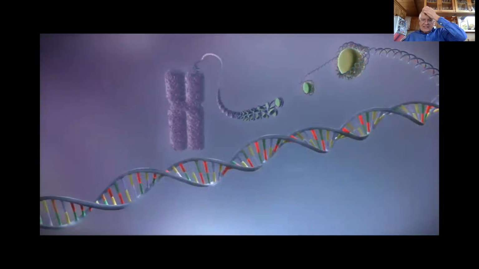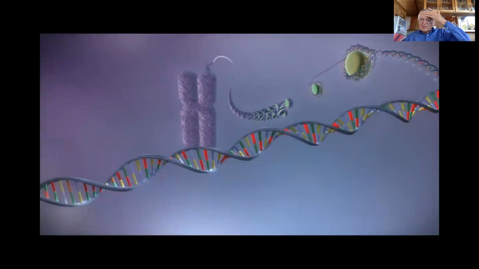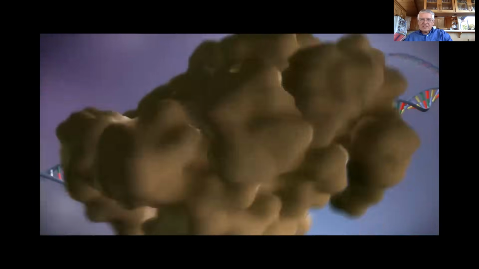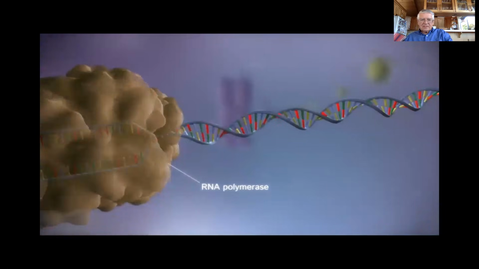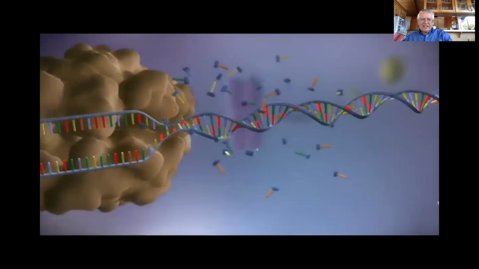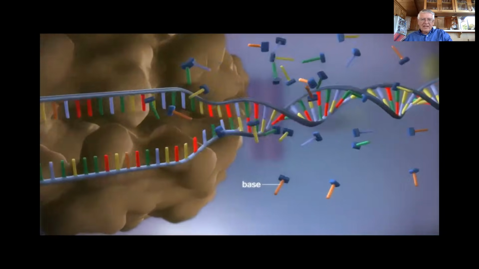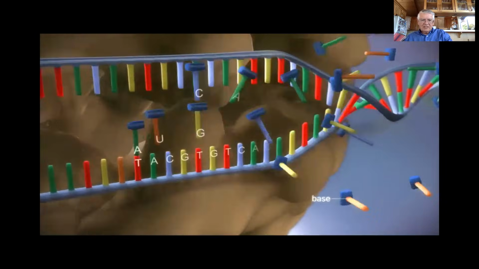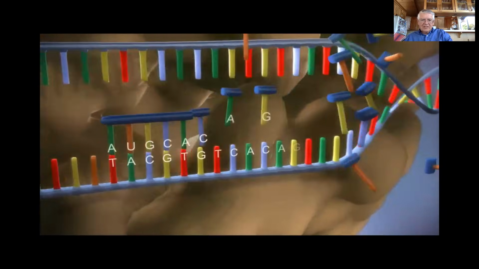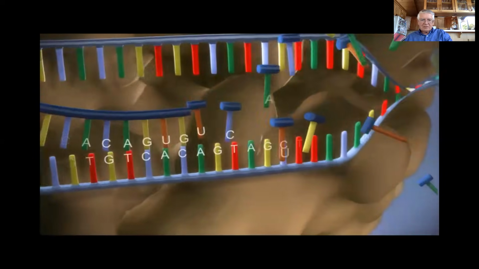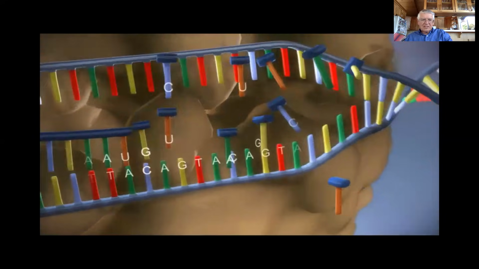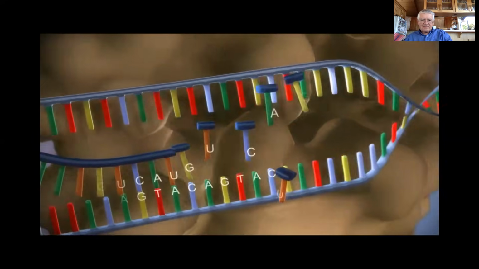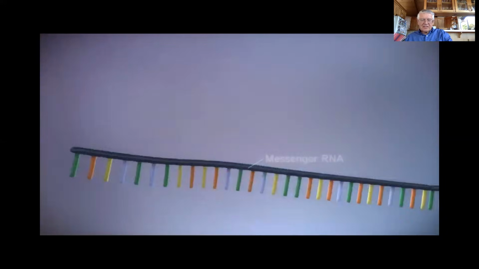If the proteins are available to mark the start of genes, and that might be signaled by something you ate outside your cell, it will bring in the enzyme that will make a copy of a gene, transcribe it into an RNA molecule. So the 4-letter code will be assembled in the new RNA. And that RNA will then leave the nucleus.